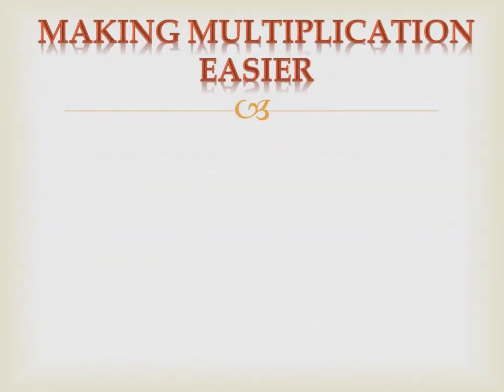Let us go through some questions where we apply properties of multiplication. Consider the question negative 25 into 37 into 4. This question we do in two different ways.